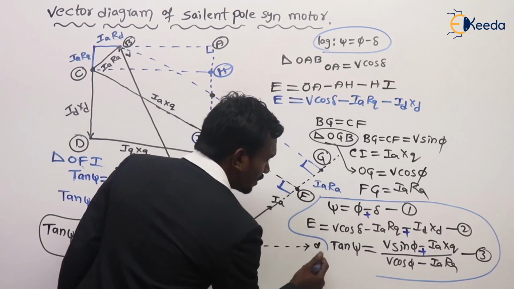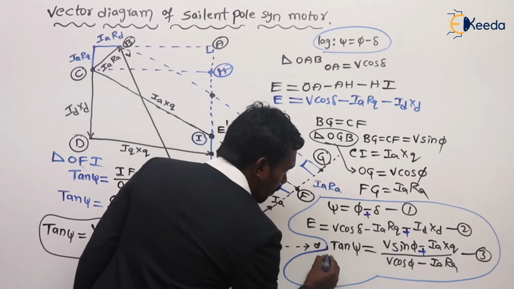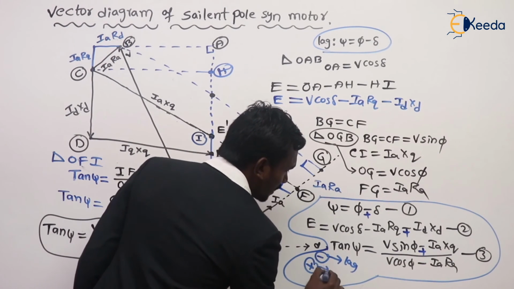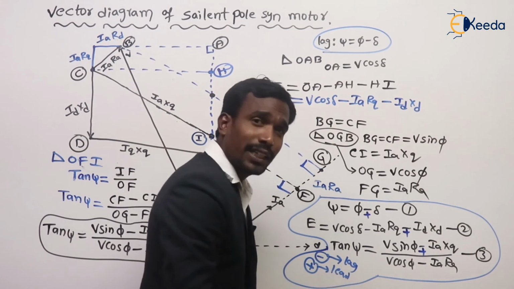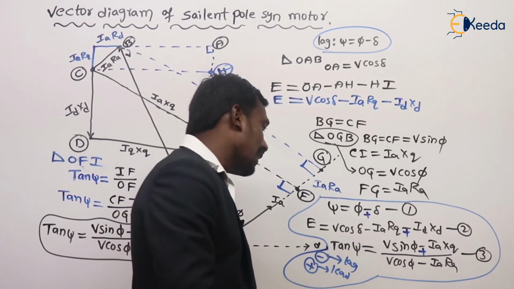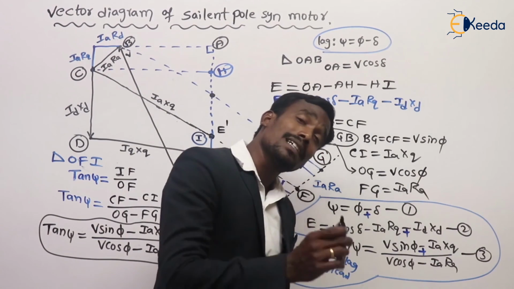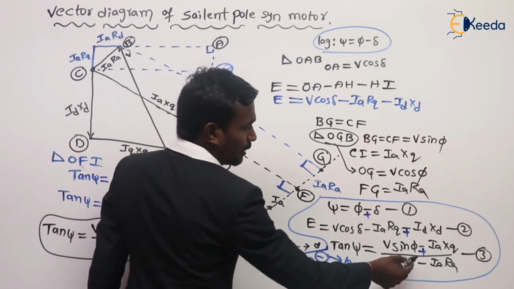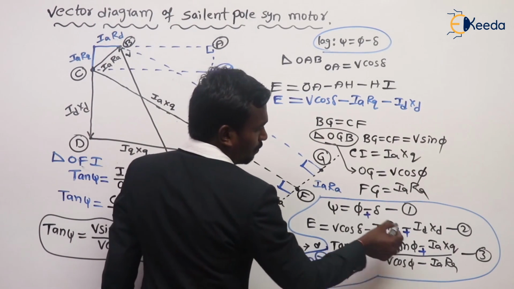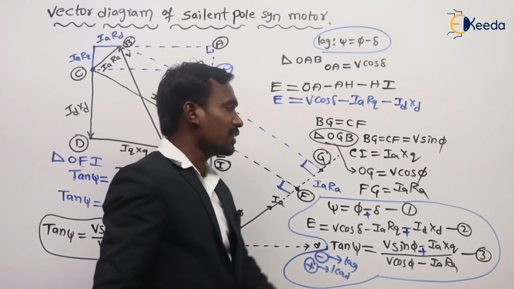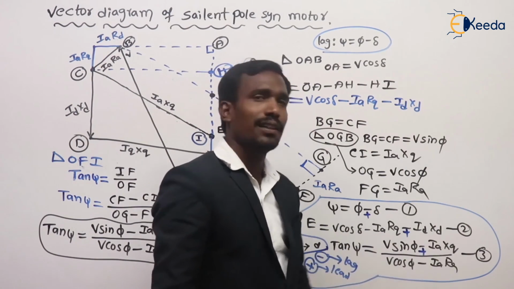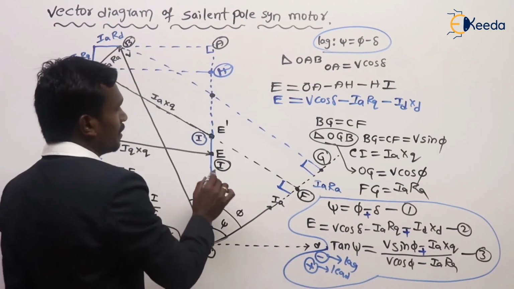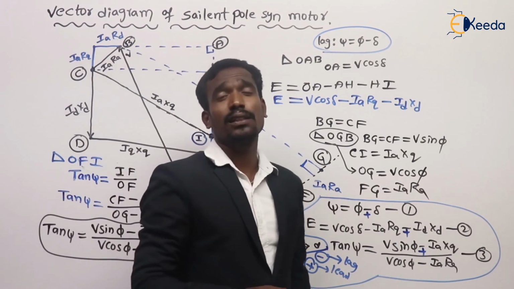In the motors, minus is for lagging and plus is for leading. But in the generator it is reverse: minus for leading, plus for lagging, for alternators. But for motors in these equations, where the reactance is there, minus for lagging and plus for leading.